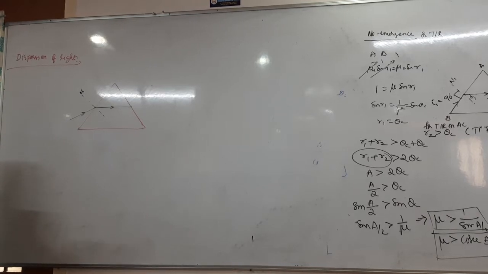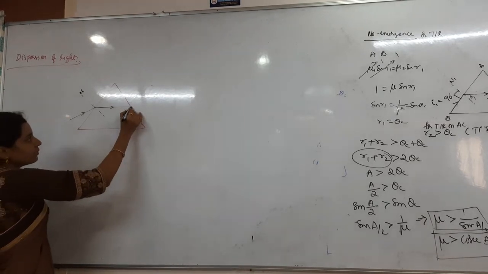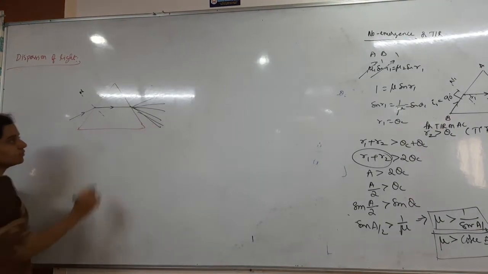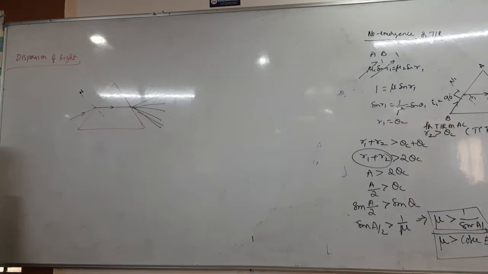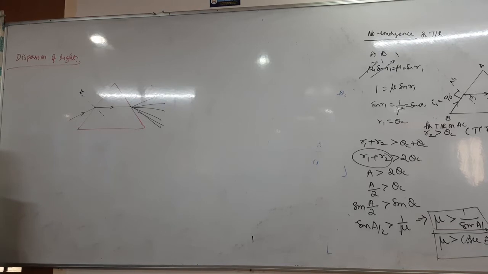A spectrum will come out of the prism. The emergent rays will be spectral lines, the VIBGYOR colors. So here we will get the emergent rays like this. First one will be red, and the last one will be violet. We already know the order also. The deviation will be less for the red and more for the violet. I will show how it is.